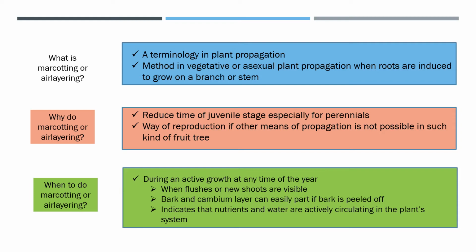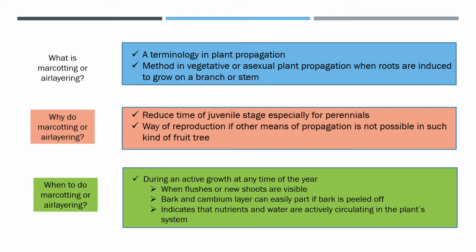But for us here in the Philippines, any time of the year, when there are indications that active growth commences, you can do marcotting or air layering on your fruit tree. When you see evidence of active growth on your fruit tree, what are these indications?